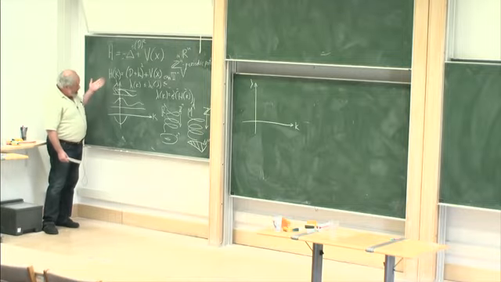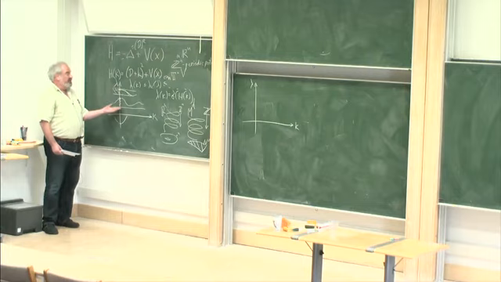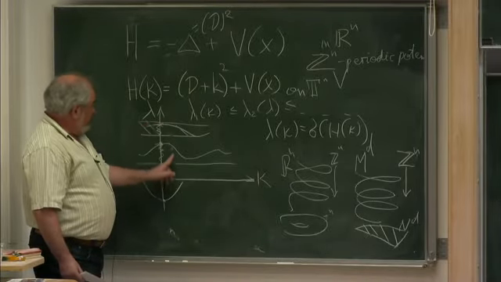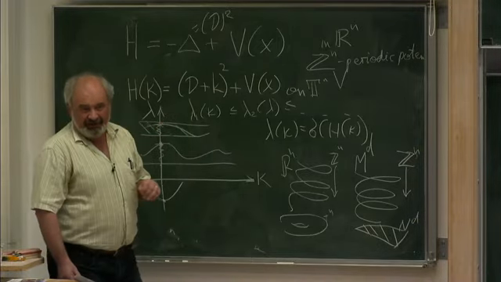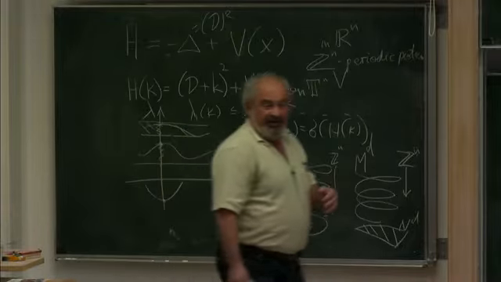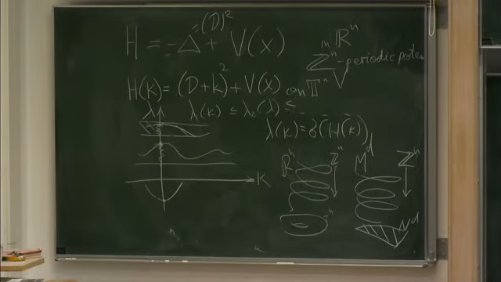So I call it the Floquet transform, which is an analog of the Fourier transform. After the Floquet transform, essentially you reduce the operator to multiplication by a symbol, which is, unfortunately or fortunately, a multiple valued function. So essentially, the operator should behave like a pseudo-differential operator with a multiple valued symbol.